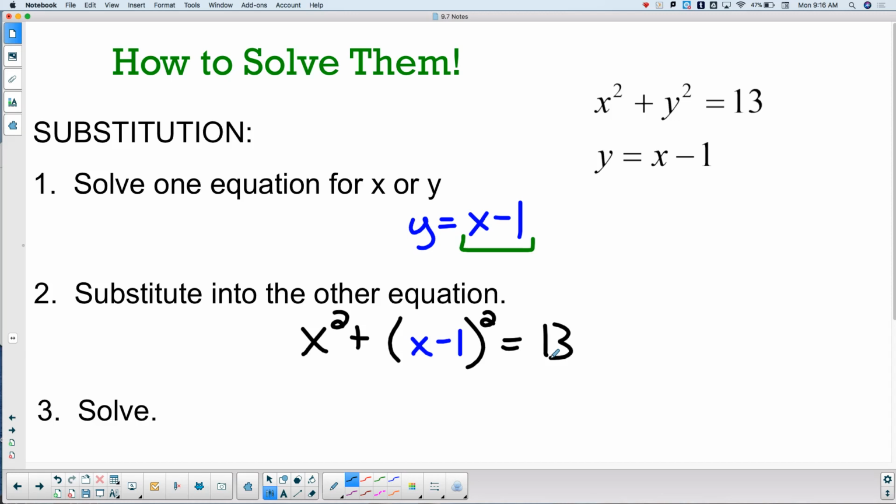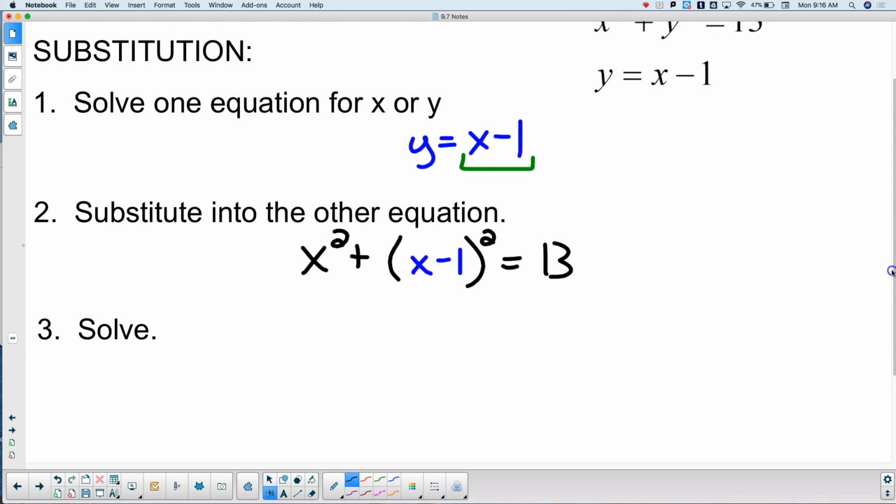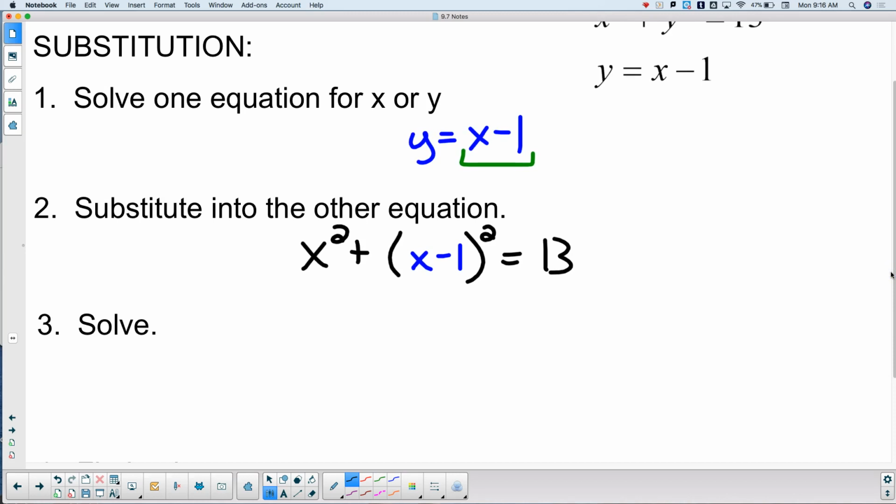Now I have to solve that chunk by taking x minus 1 and squaring it.